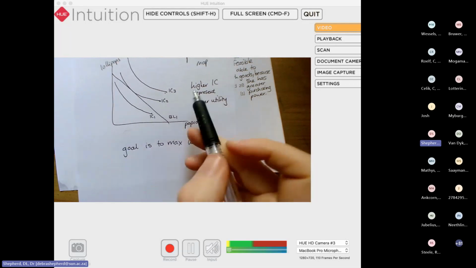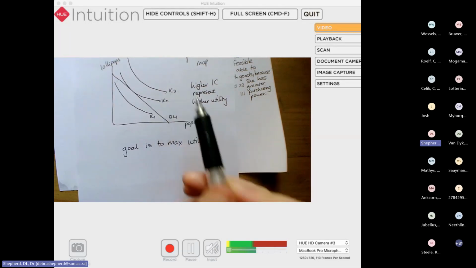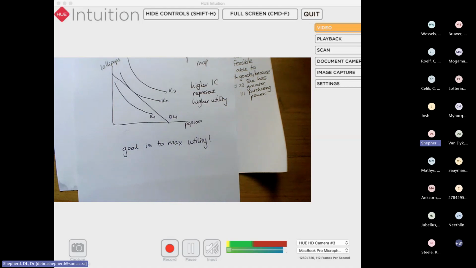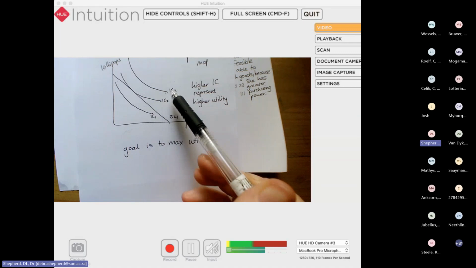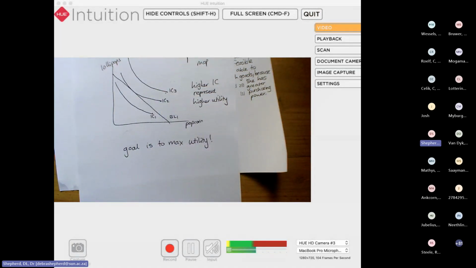If I asked you, which of these indifference curves would Alyssa want to be on? Which of those would she prefer to be on? What answer would you give? Which of the indifference curves, IC1, IC2, and IC3, would she prefer?